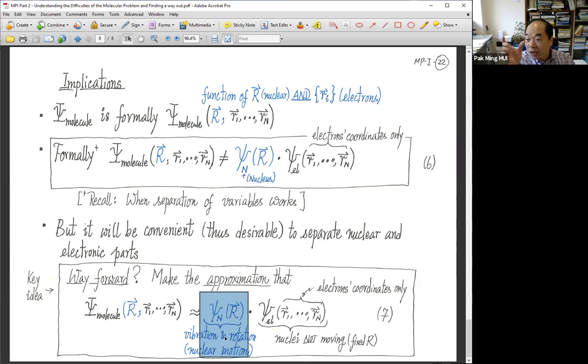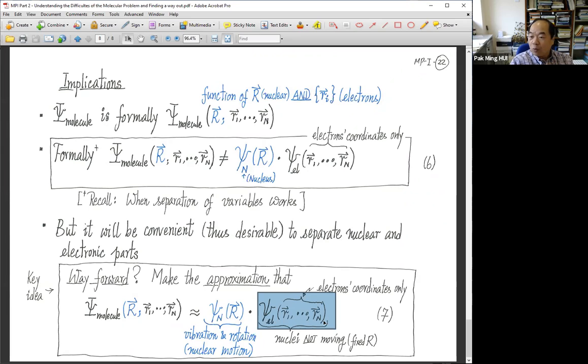It is the nucleus motion part, the first term. I use the subscript n here, sorry for the multiple usage of n. Here I mean nucleus, okay? The subscript here means nuclear motion, it's not the total number of electrons. It means the nuclear motion multiplied into a function that has to do with the electrons only, all right?